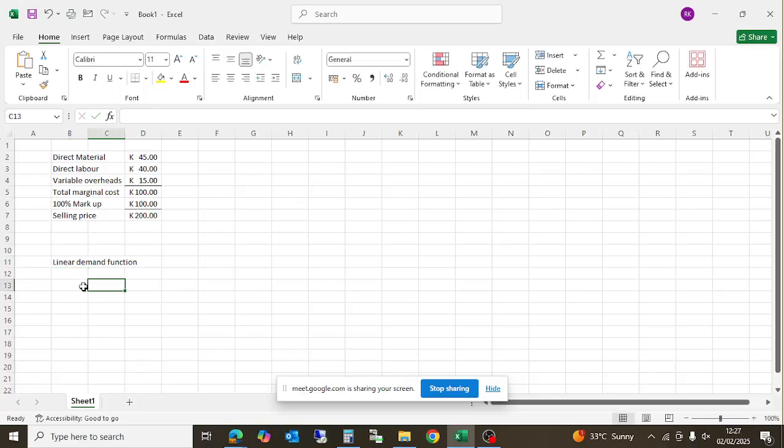So the linear demand function is P equals A minus BQ.